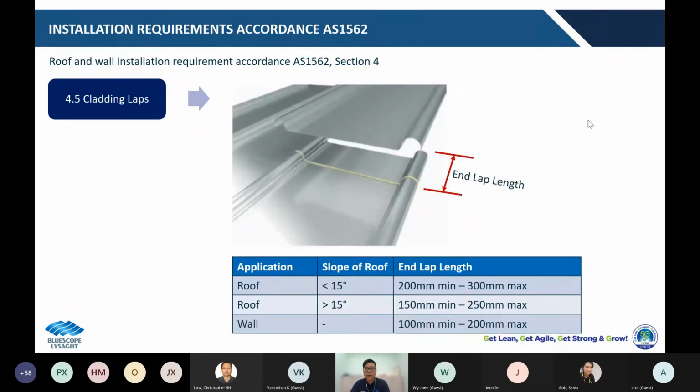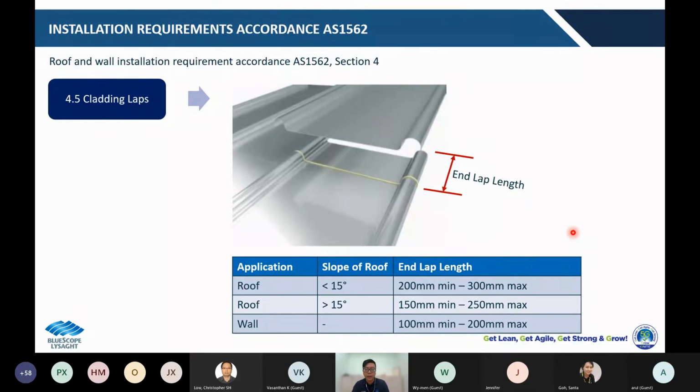Okay, the clause 4.5, cladding laps, states the end lap requirement to help the reader to understand the limitation of the end lap length based on the different application and condition. So just to share, for some projects, the cladding length is controlled by the deliverable or maybe by the logistic limitation.